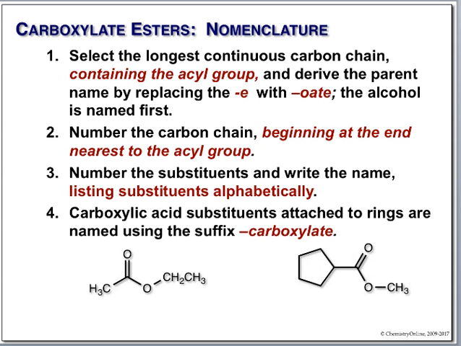This is ethyl acetate. We made that. The alcohol always comes first in the name. This is derived from ethyl alcohol. This is acetic acid, so it's acetate. More properly, it's a 2-carbon carboxylic acid, so it's ethanoate. So it will be ethyl ethanoate.